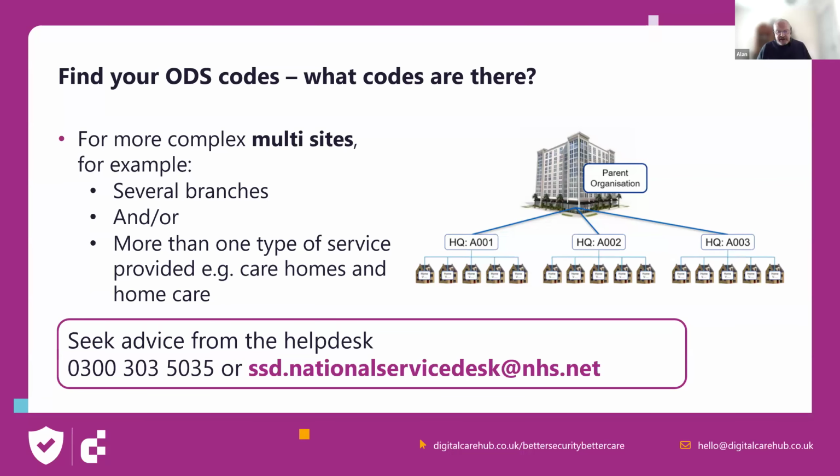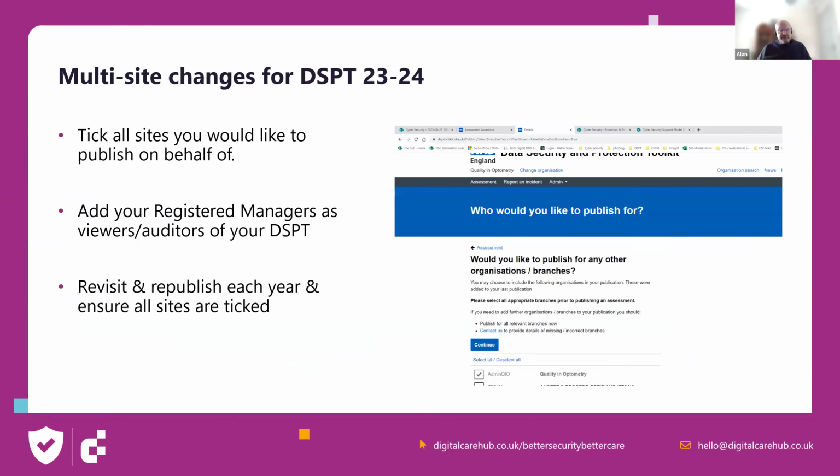If you are a multi-site, there have been some changes recently in relation to the DSPT. When you republish and revisit your DSPT, all of the sites within that organisation should be linked, and you're able to, as indicated on the right-hand side of the screen here, register and select the sites that you want to be included in this publication.